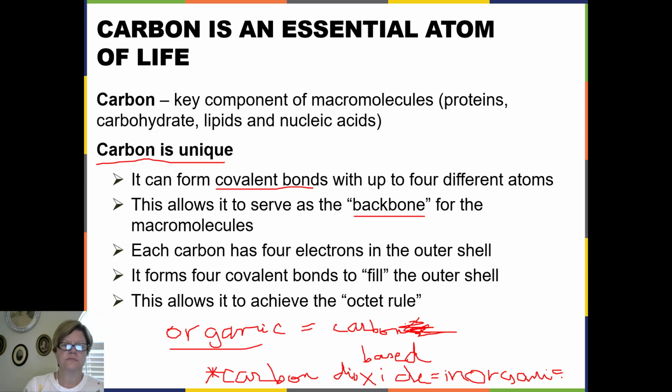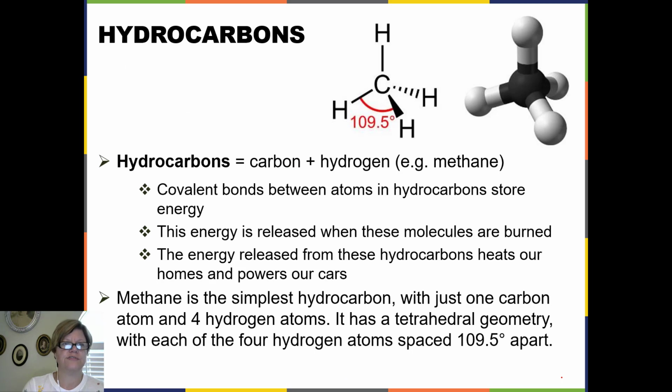molecule. And so all the molecules in your body are based on carbon, and then they contain lots of carbon and then some hydrogen, some oxygen, some nitrogen. So that's going to be the rule for all of the molecules that we look at.